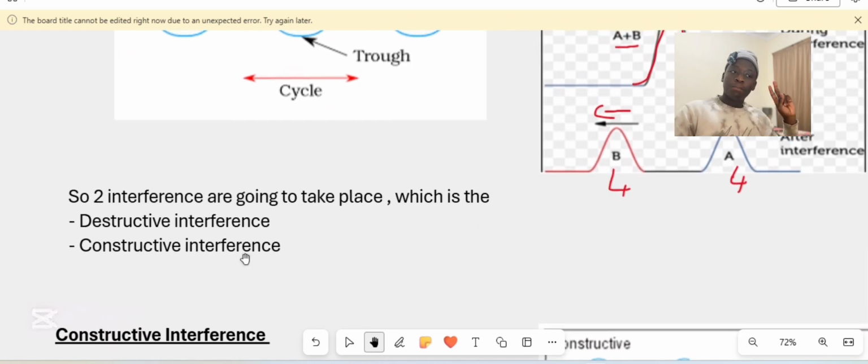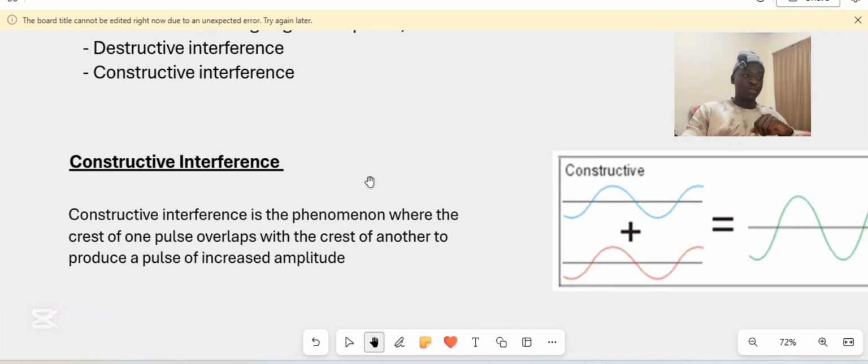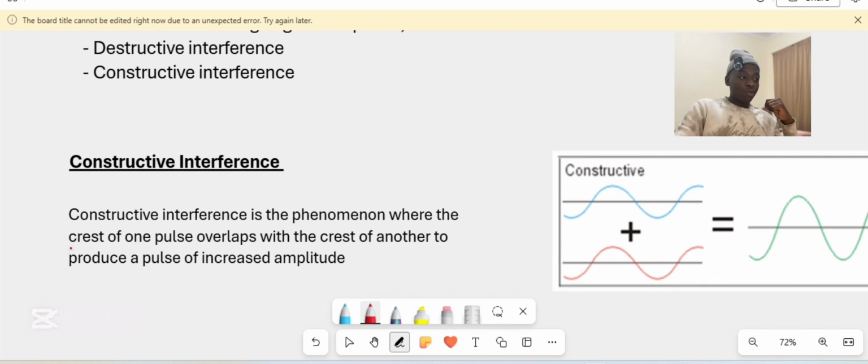So two interferences are going to take place, which are the destructive interference and the constructive interference. So what is the constructive interference? Hopefully you're asking yourself that question. The constructive interference is the phenomenon where the crest of one pulse overlaps with the crest of another to produce a pulse of increased amplitude.